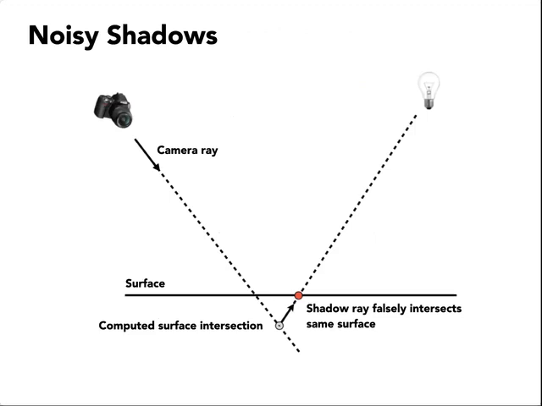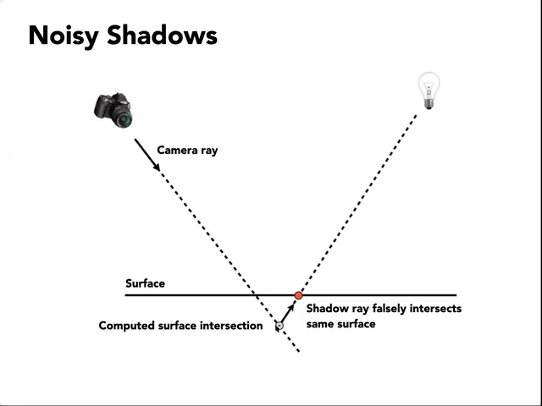The problem with that is if we get the intersection with a surface wrong, in the sense that it's numerically off, something that can often happen is that we trace a camera ray, we calculate a surface intersection, but the numerical intersection point that we got is actually a bit too far and is actually below the surface.